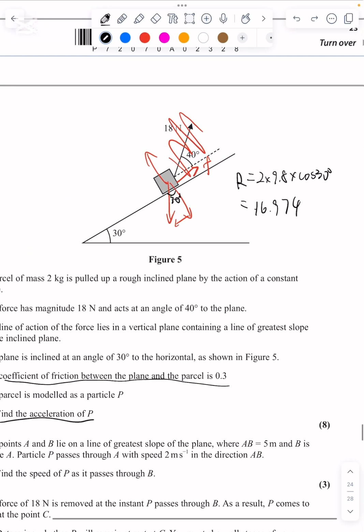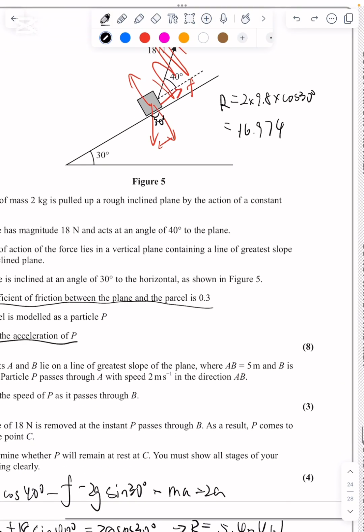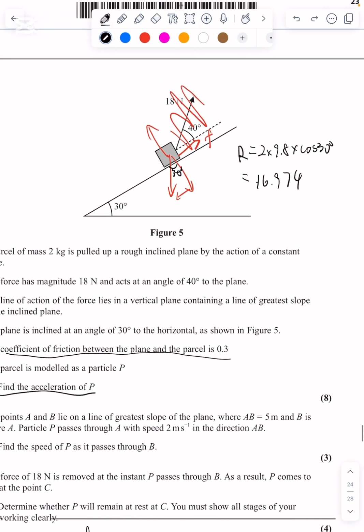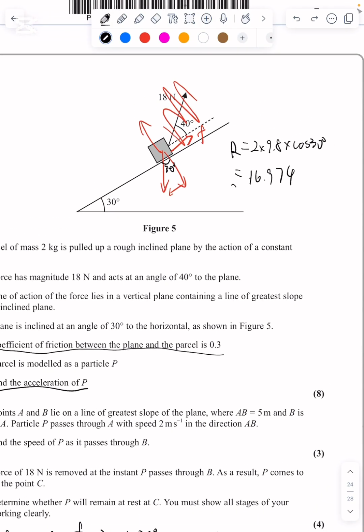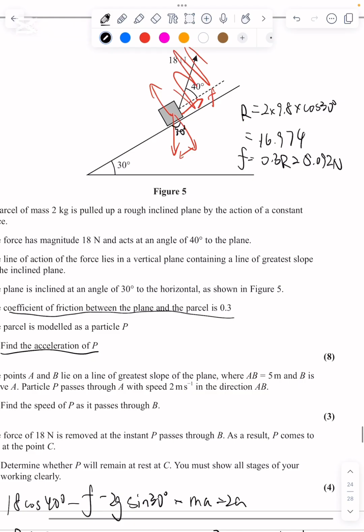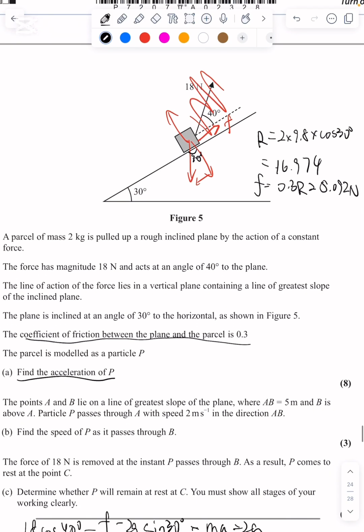That's because the 18 newtons force has been removed. So friction equals 0.3 times R, which is around 5.1. Okay, let's use as many significant figures as possible, right? That's literally what I said, and I have just broken that rule.